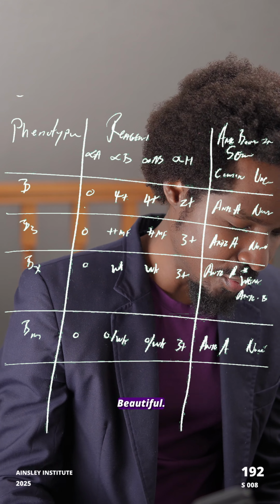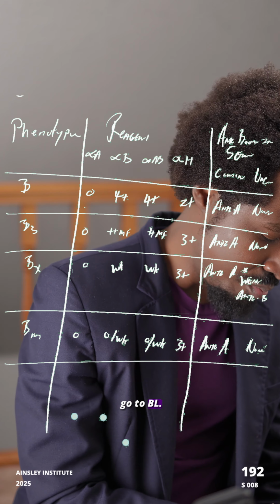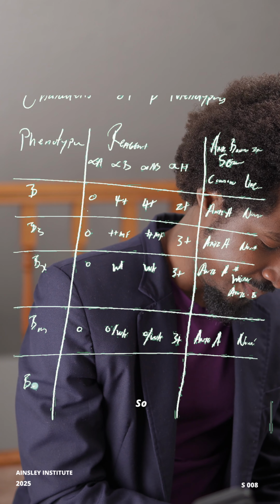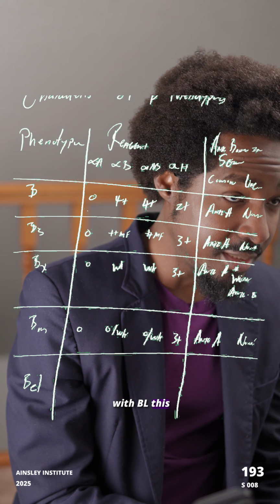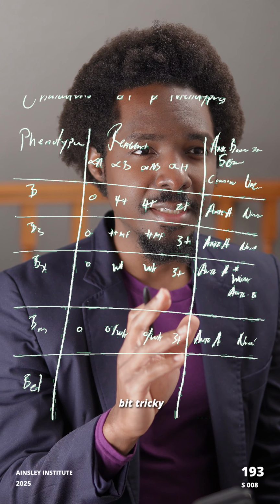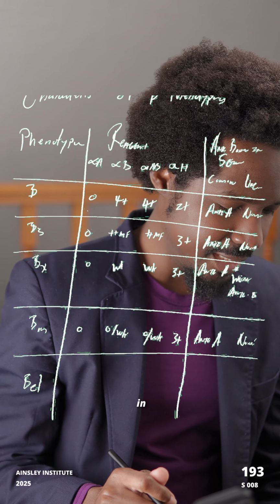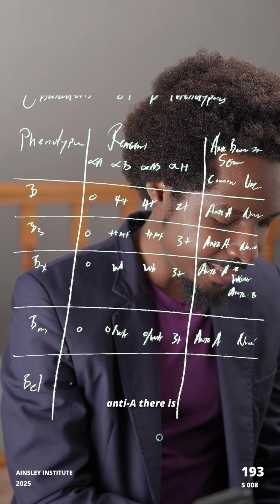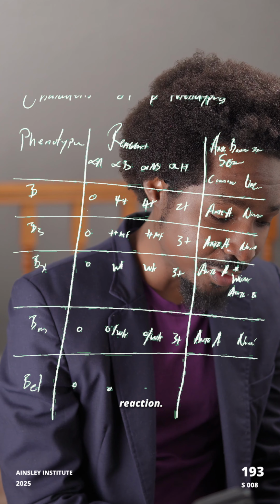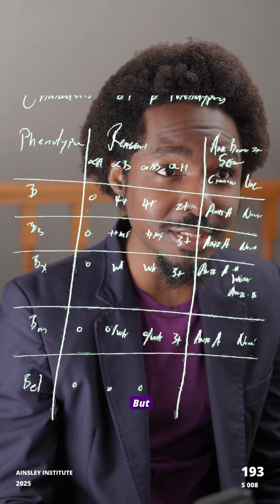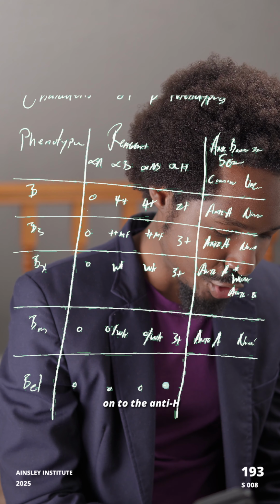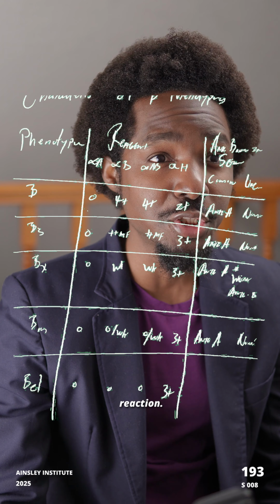All right, beautiful. Now let us go to BL. This one is a little bit tricky, in that for the anti-A there is no reaction, for the anti-B no reaction, and for the anti-AB there is still no reaction. But with the anti-H, we have a 3+ reaction.